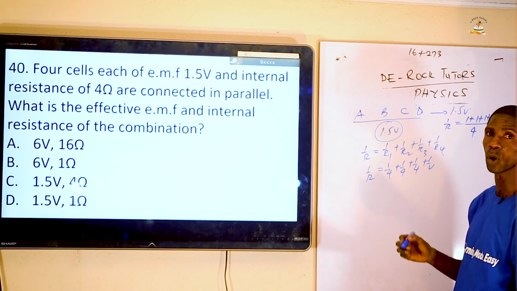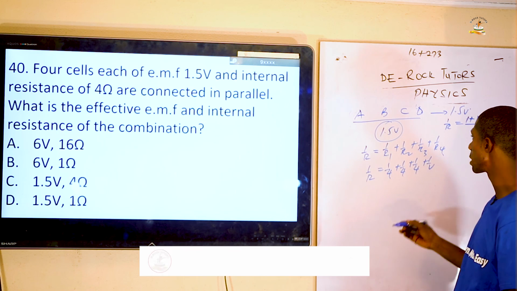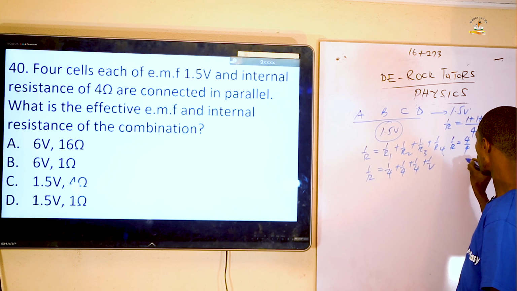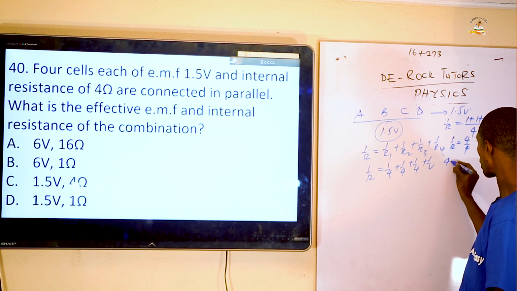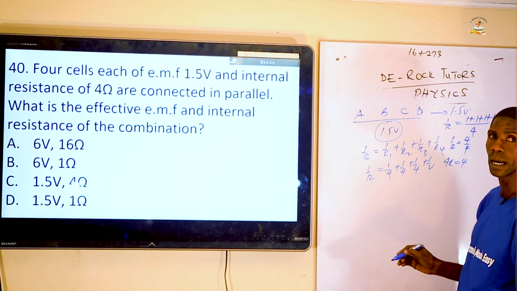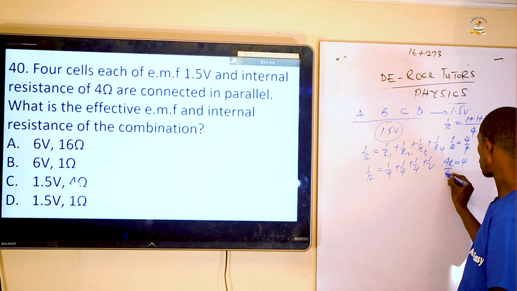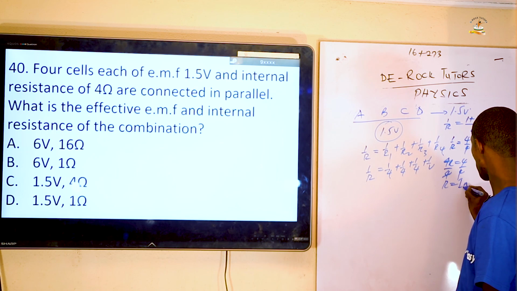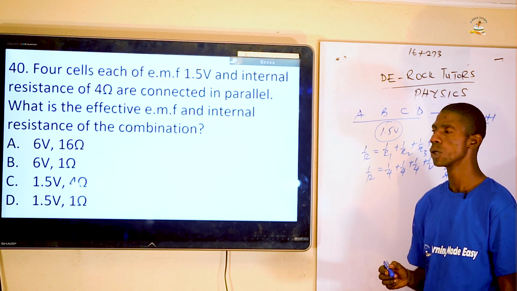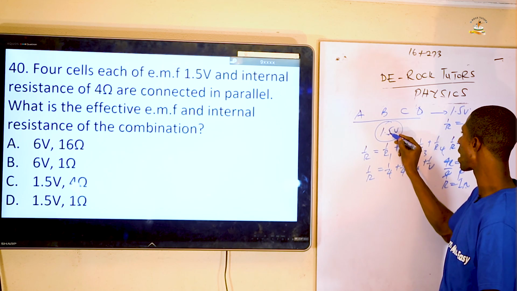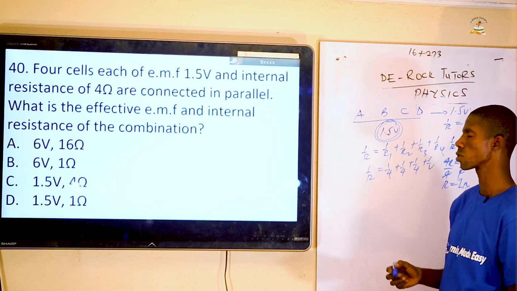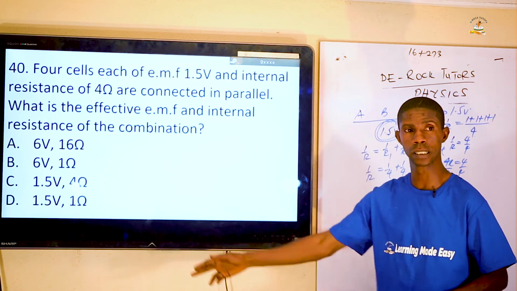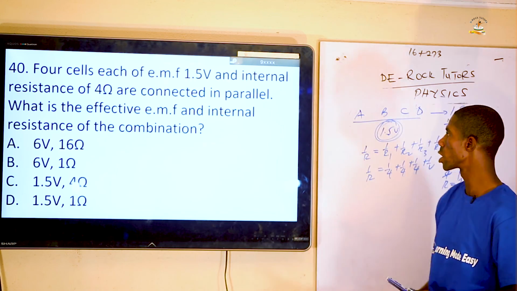If you add up 1 plus 1 plus 1 plus 1, we get 4. So 1 over R equals 4 over 4. If you cross multiply, we have 4R equals 4. To get R, divide both sides by 4, so R gives us 1 ohm. So the answer is 1.5 for the electromotive force, but 1 for the internal resistance, which is option D.